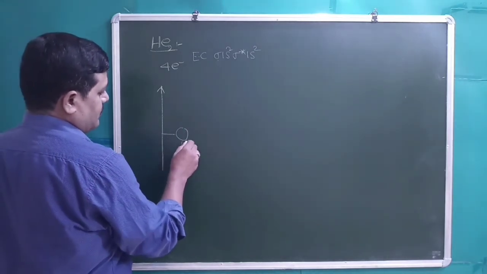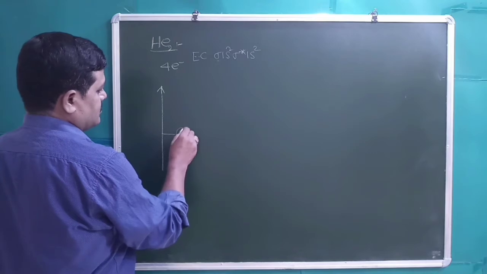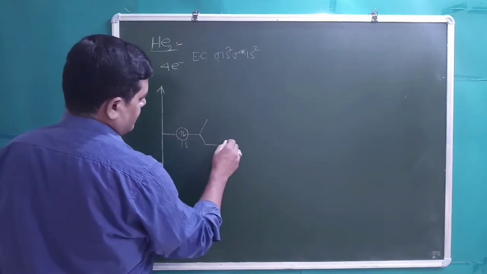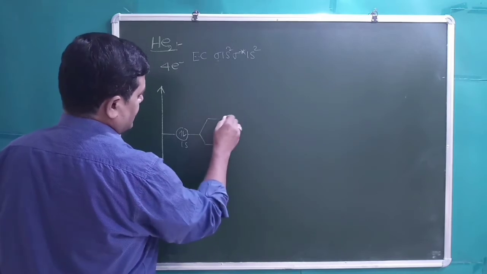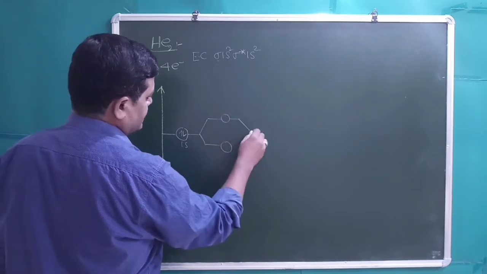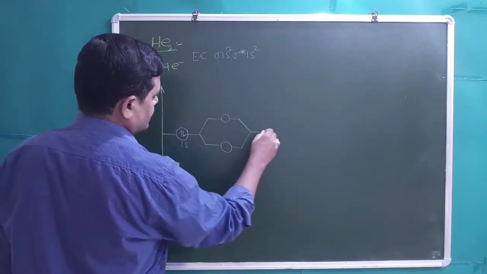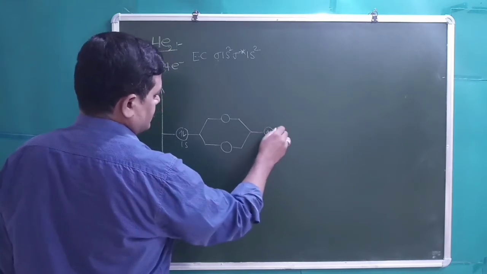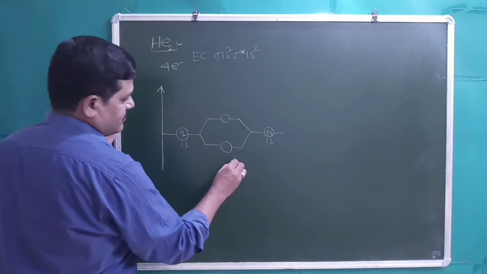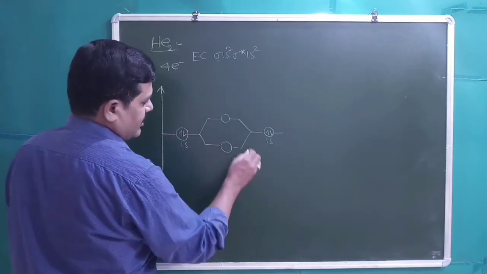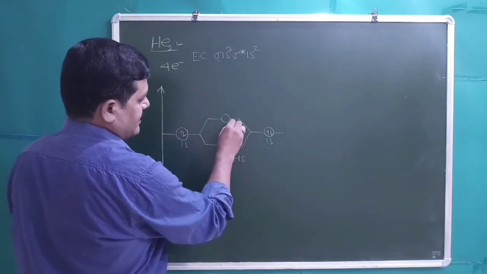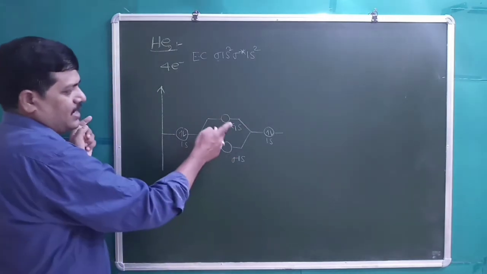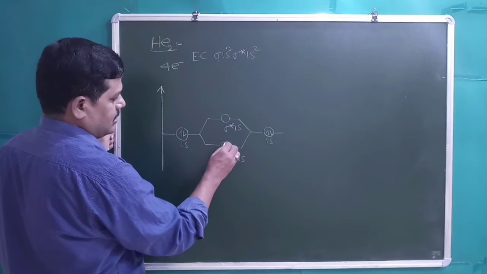1s orbital of one atom which has 2 electrons is combining with the 1s orbital of other atom, which gives 2 molecular orbitals, in which one is bonding molecular orbital, other one is sigma star 1s, that is anti-bonding molecular orbital.